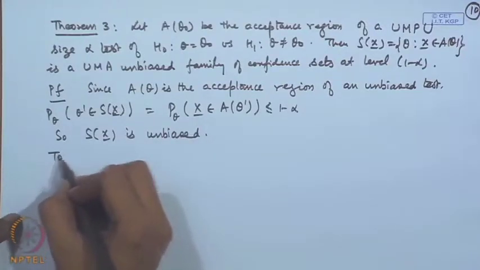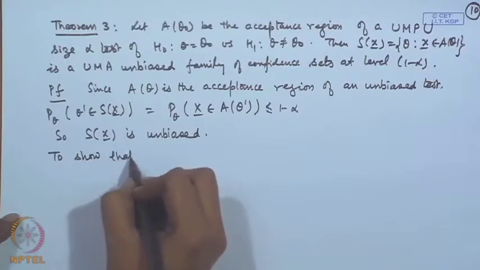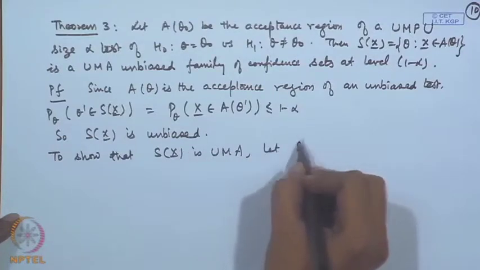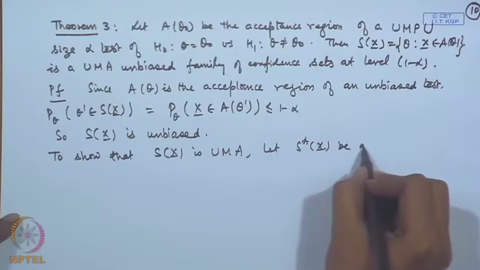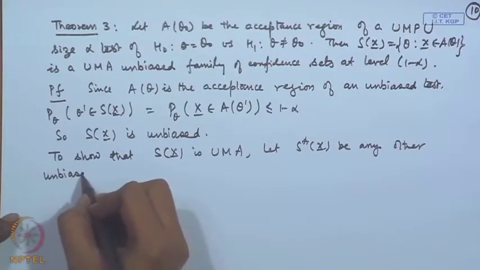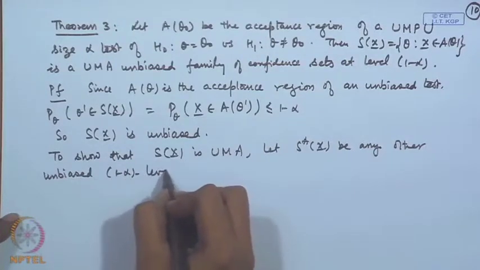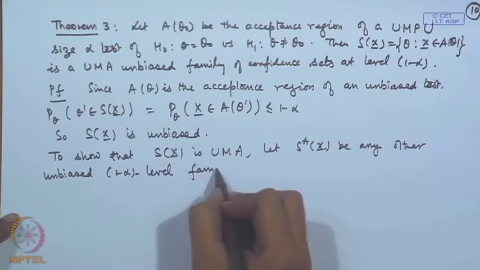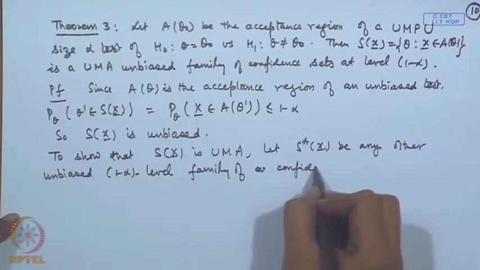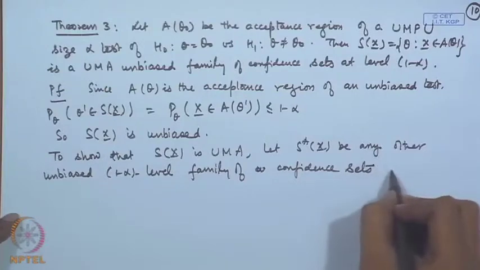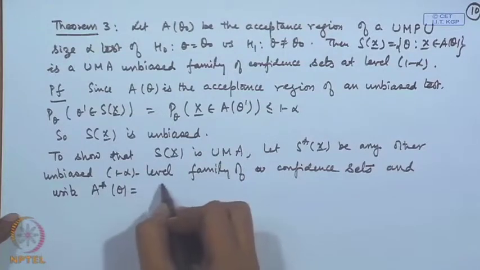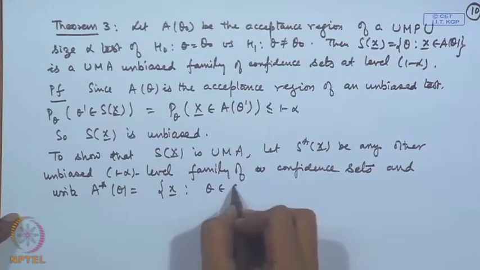To show that it is UMA, let us consider S star x to be any other unbiased 1 minus alpha level family of confidence sets, and we write here A star theta is equal to x such that theta belonging to S star x.